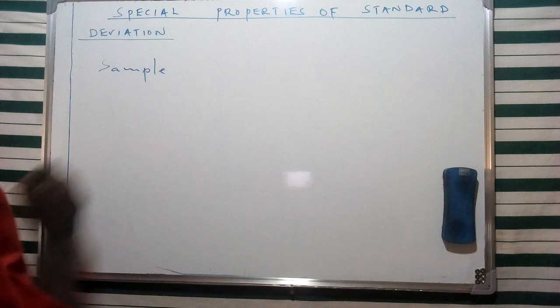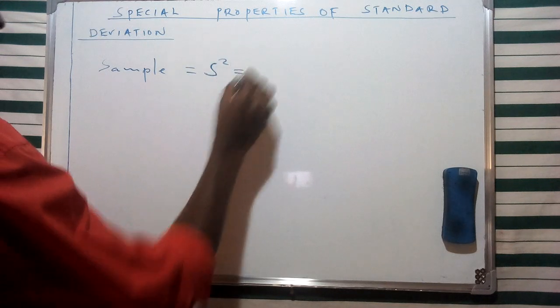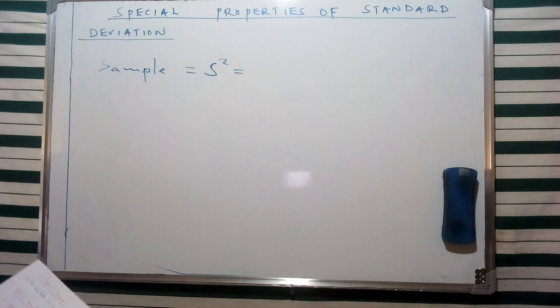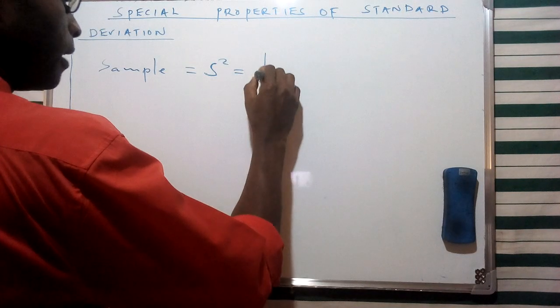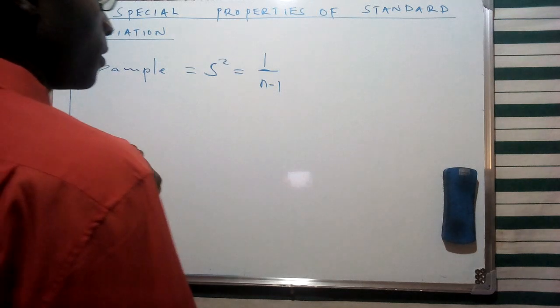particular formula for raw data, given as s squared, and this was given in terms of 1 over n minus 1, and I elaborated on this specific concept of n.